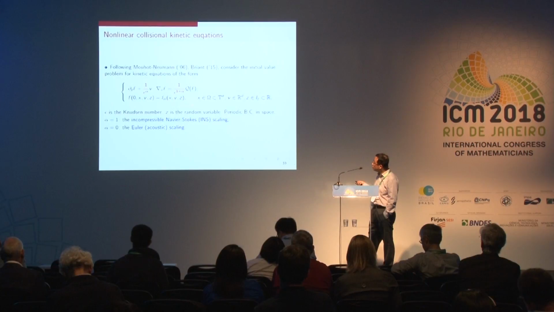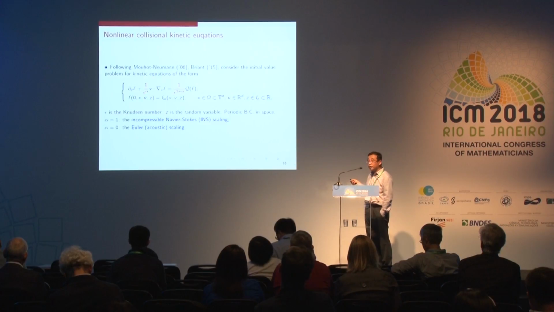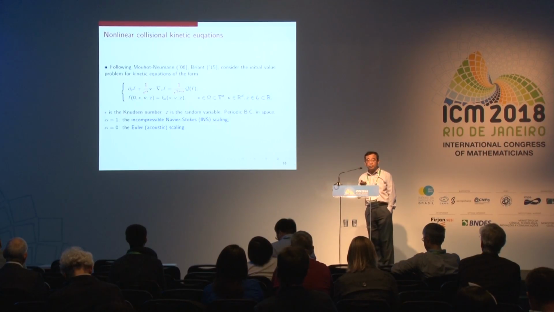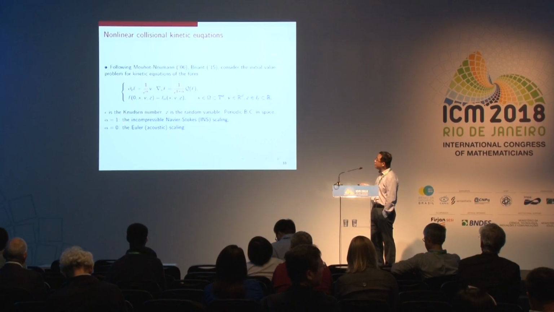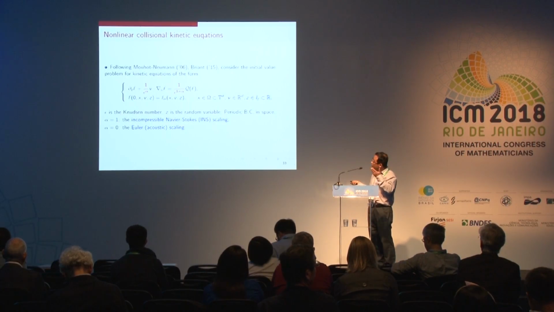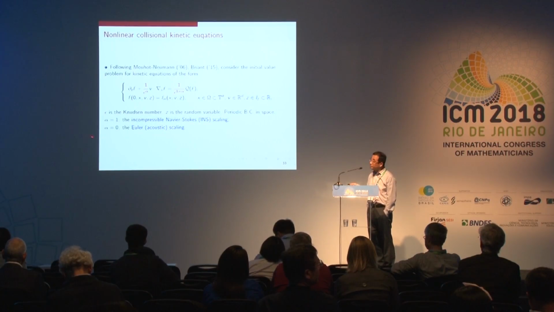Now we assume the initial data depend on this random parameter z. Here epsilon is the Knudsen number, and different alpha corresponds to different regimes. If alpha equals 1, it's called incompressible: when you take epsilon to the 0 limit, you get the incompressible Navier-Stokes scaling. If alpha equals 0, it's called Euler scaling, but in our case I would rather call it acoustic scaling.